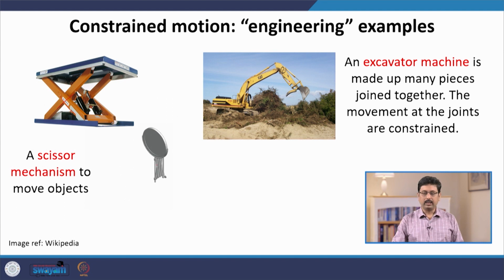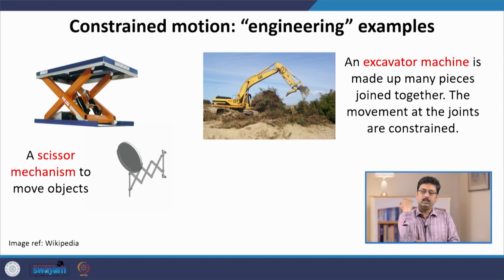A very common example of a hinge is our arm. Our arm is allowed to move only up to a horizontal level, and cannot move in the downward direction. The angle between this part of the arm and this part of the arm can be maximum 180 degrees, but not more.